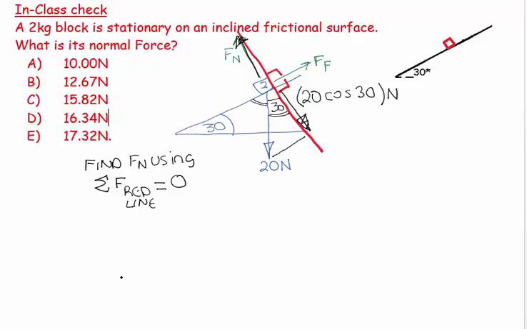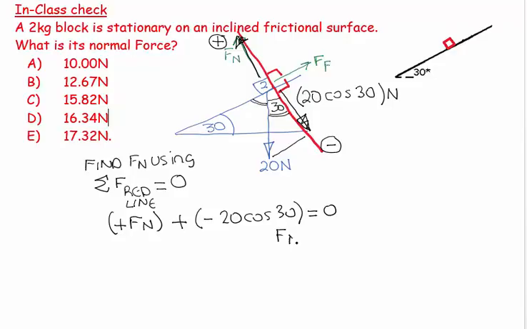Then I look at my red line. Let's make this end positive and this end negative. We've got to pick. So we can say, plus Fn added to minus 20 cosine 30 is equal to 0.